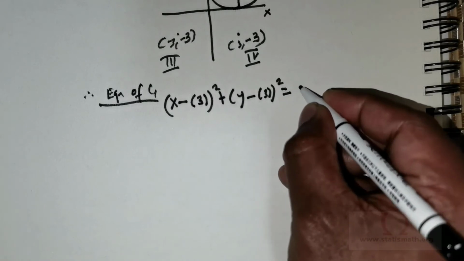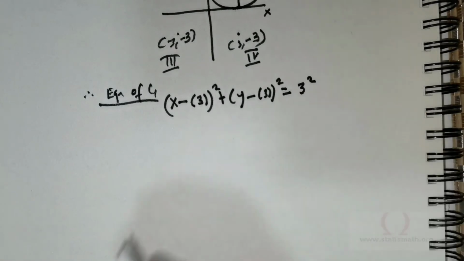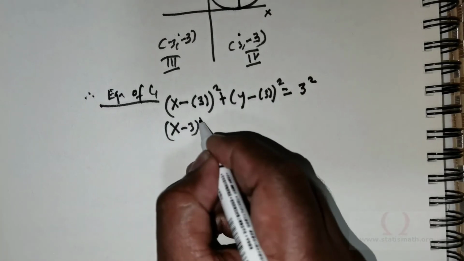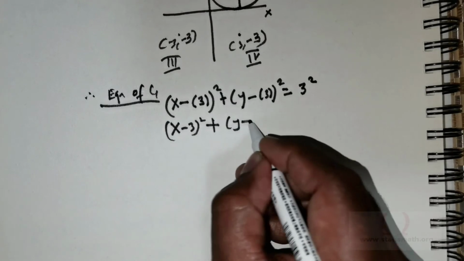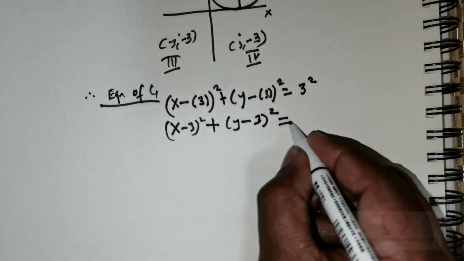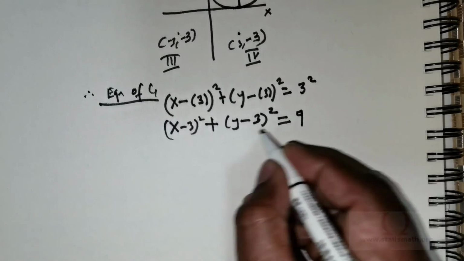The radius is given to be 3 units, so it's going to be 3 squared. So if you were to expand this, you will get (x - 3)² + (y - 3)² = 9.